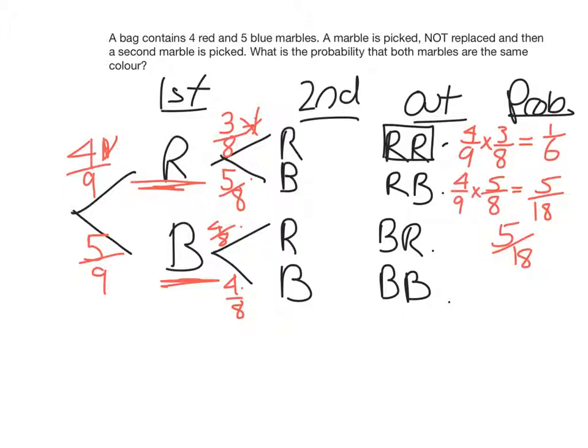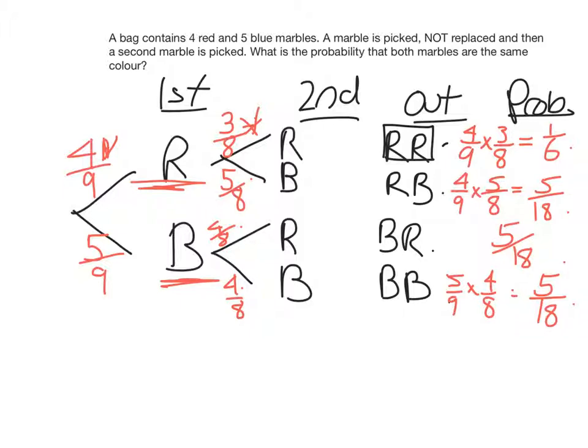The probability of blue then blue is 5 over 9 times 4 over 8 as well, so it's also 5 over 18. So these probabilities, as you can see, are different to the ones that we calculated in the previous video. The fact that the marble wasn't replaced after the first pick does change the probabilities.